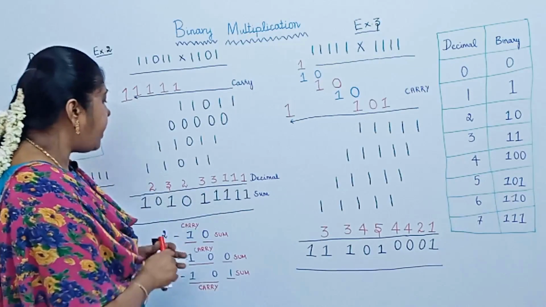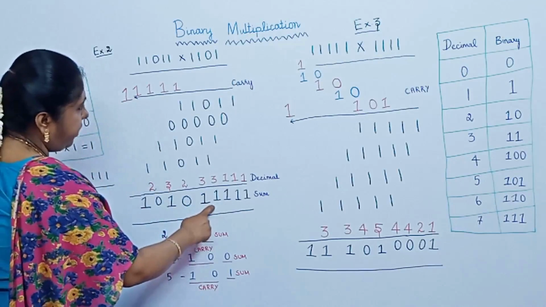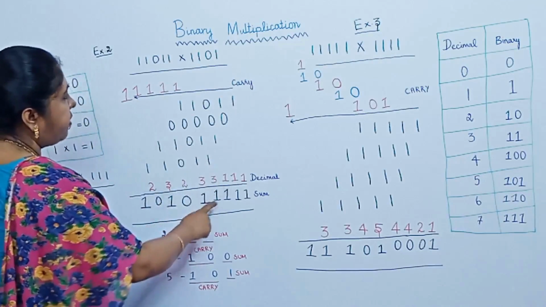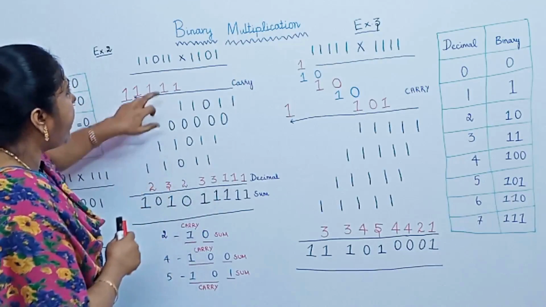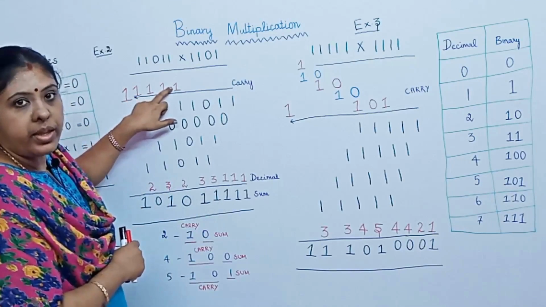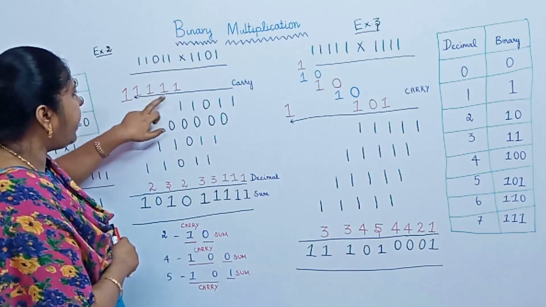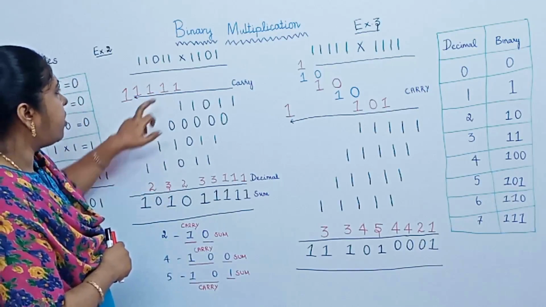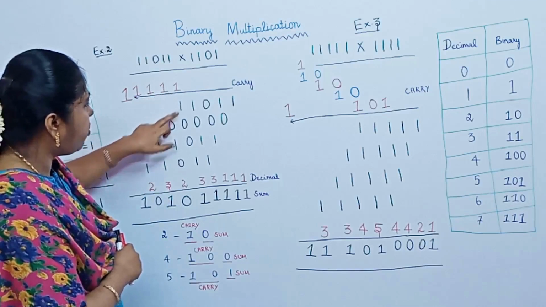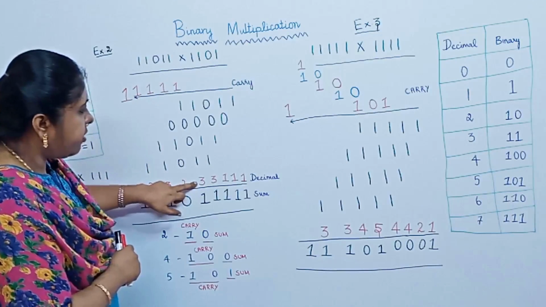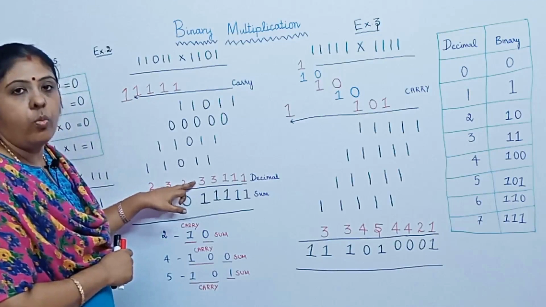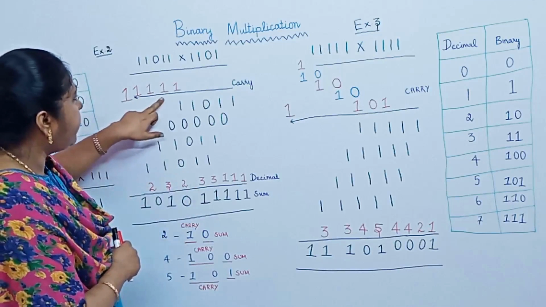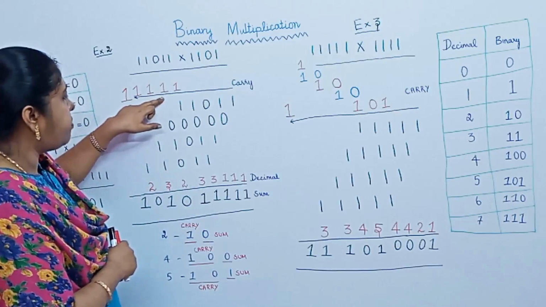So the last digit 1 is placed here, and for 11, the first digit is taken as a carry bit and is placed in the next column. Again, with this carry you have to add the next column. So 1 plus 1 plus 1, which gives again 3. So 11 has to be placed. 1 is placed as the sum bit and then the carry bit, another 1, is placed here.